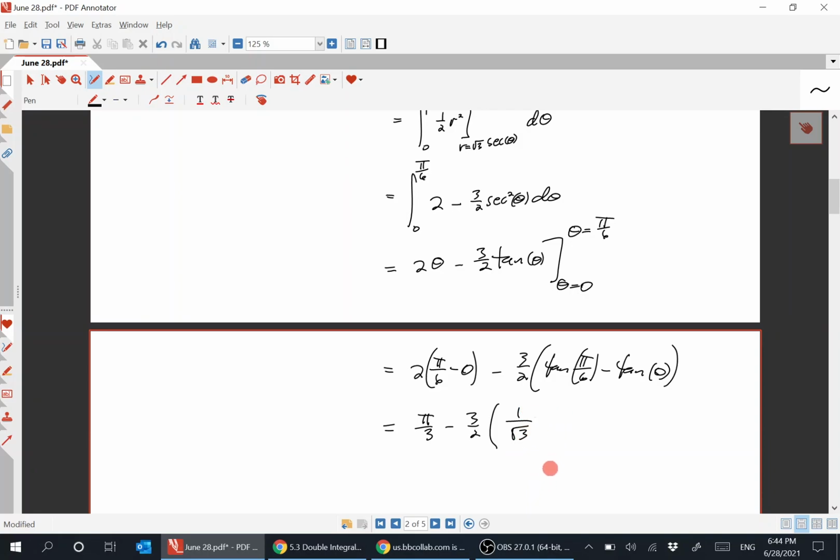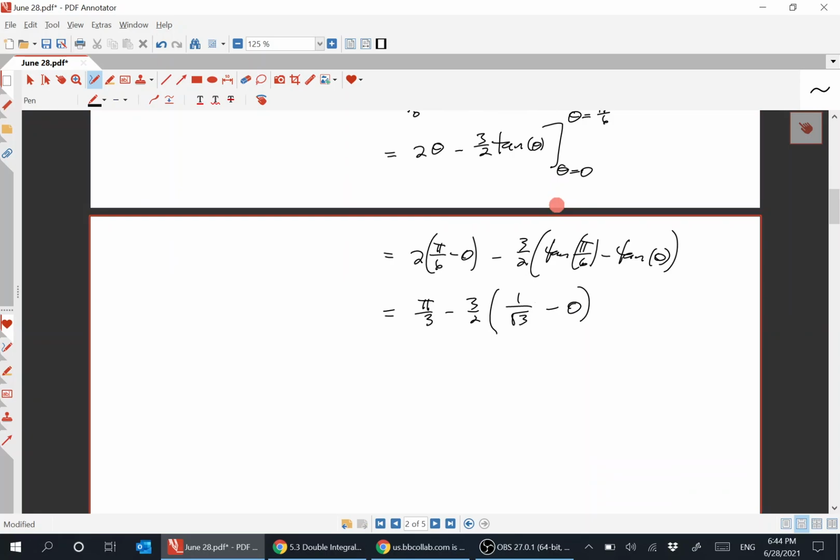Minus tangent of 0, which is of course 0. So we get pi over 3 minus root 3 over 2. That's the final answer for the area of that region.